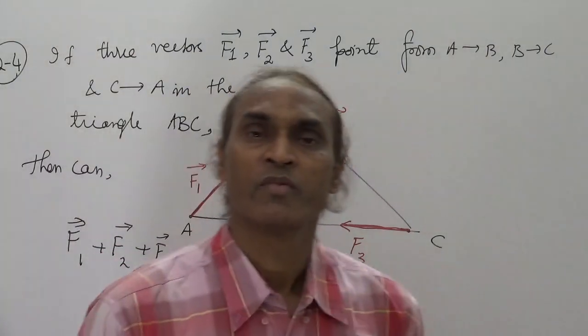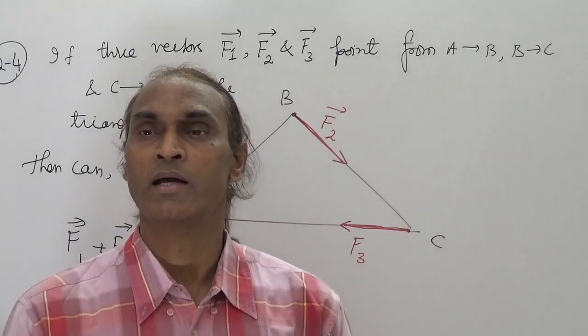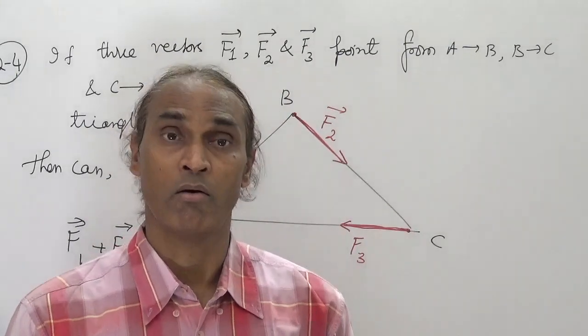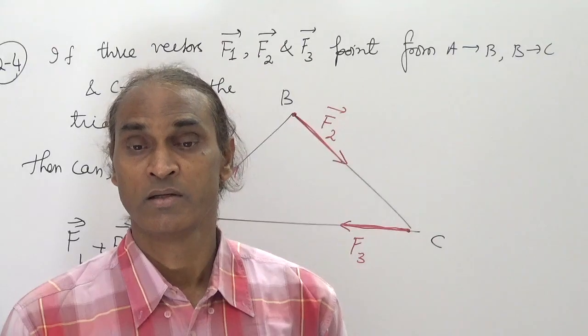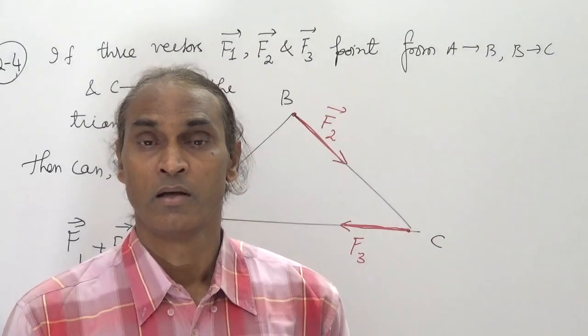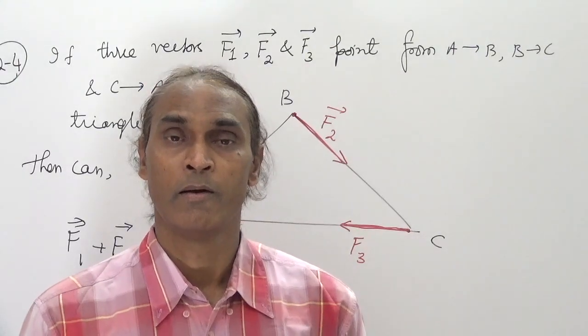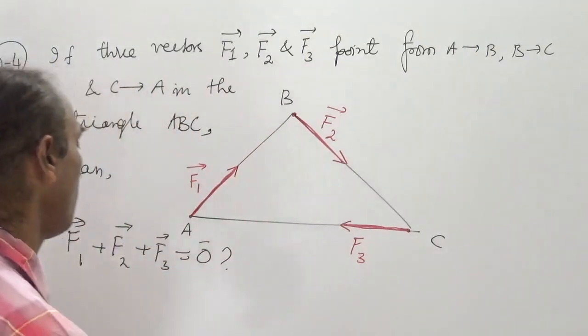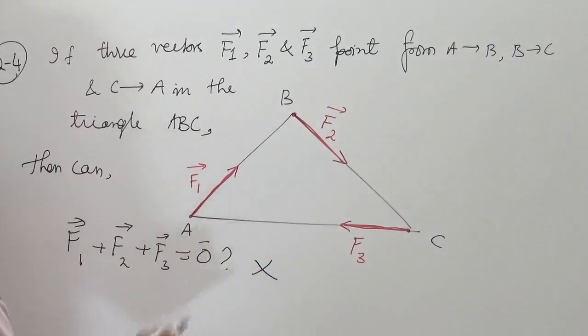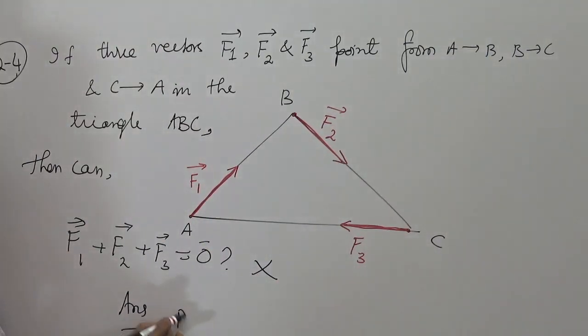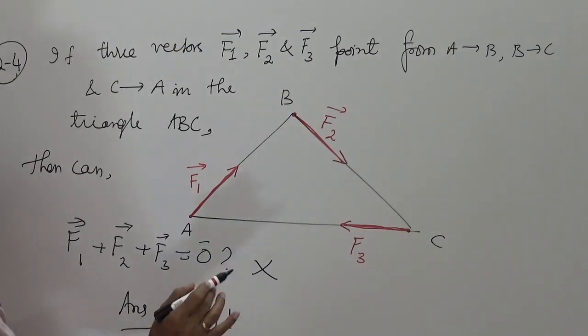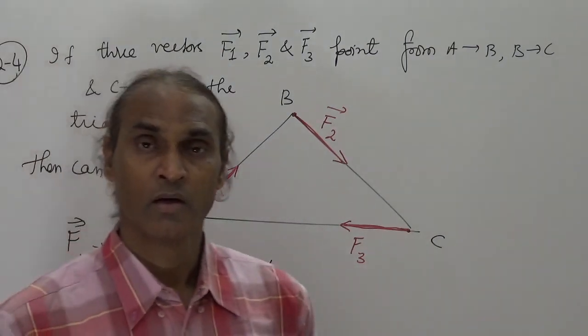Well, if you think about the triangle law statement, at first glance many students may tend to write 0, but 0 is the wrong answer. So the answer is no. It's very strange. Why is this so?